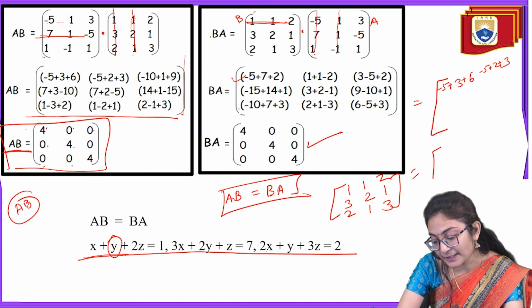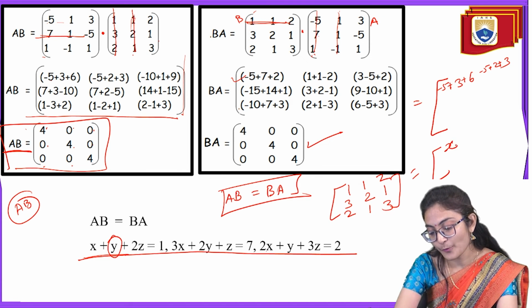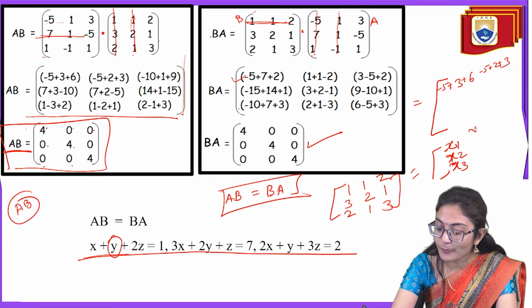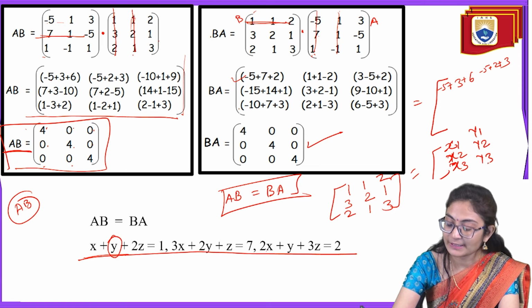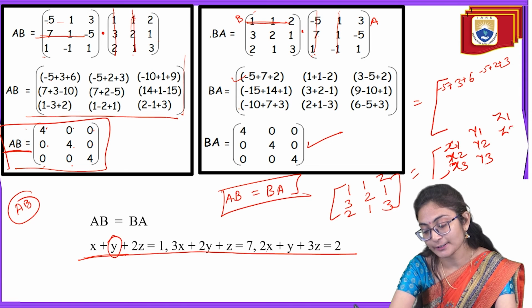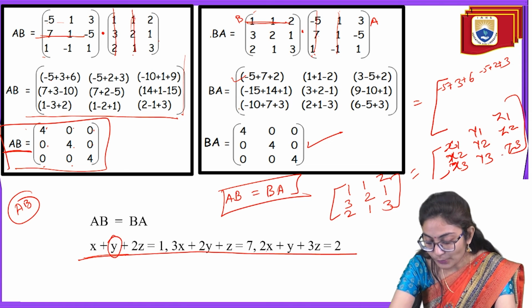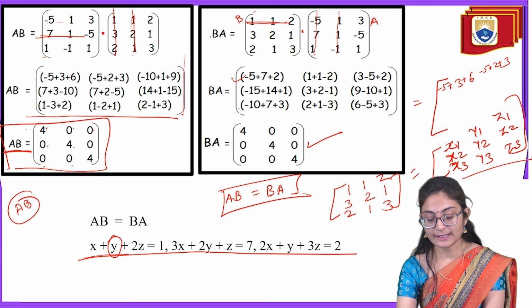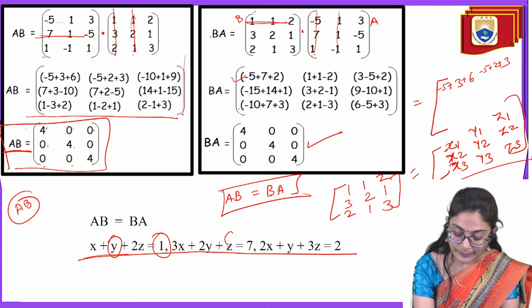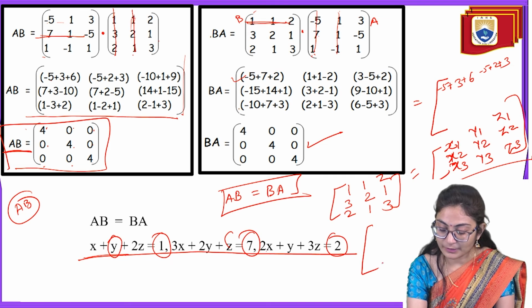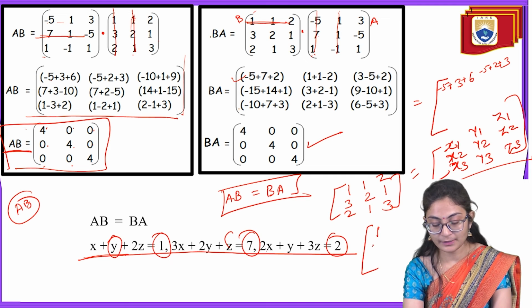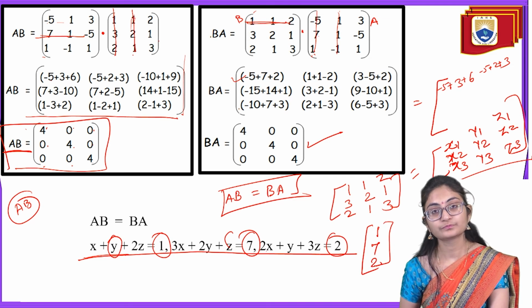That means our matrix will be in the form of x1, x2, x3, y1, y2, y3, and z1, z2, z3. You have to keep values according to this. After that, these are the b vector, so our b vector will be 1, 7, 2.